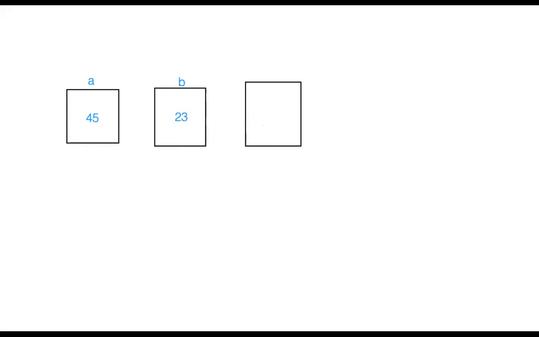If I directly assign a is equal to b, what happens? Whatever the value of a vanishes, because the content of b is directly copied into a. So this 45 vanishes and directly you will get 23 here.